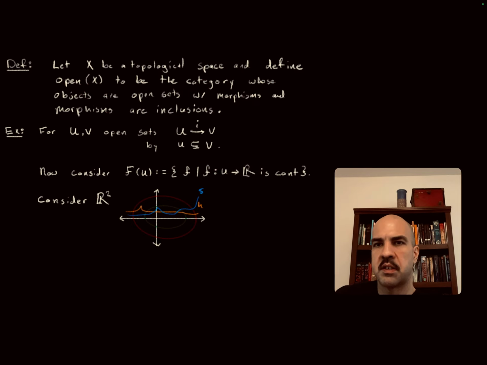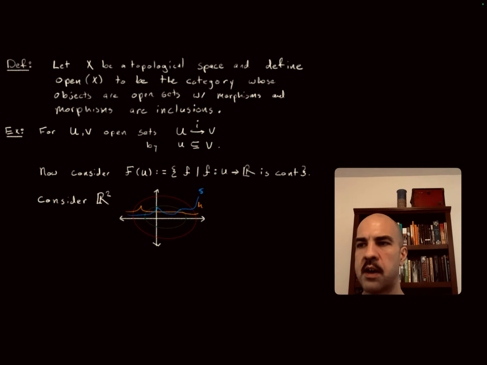So if we have this setup where U is contained in V, now let's look at the continuous maps that map an open set U to R in some continuous way.